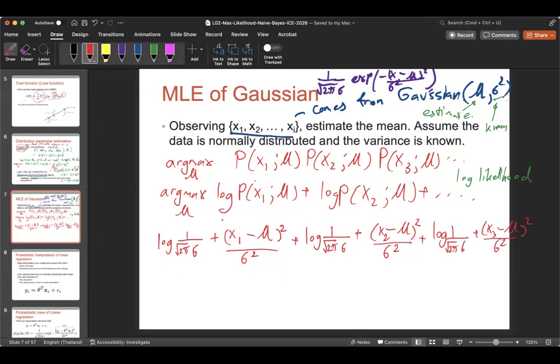Oops, I forgot the negative. There's a negative.